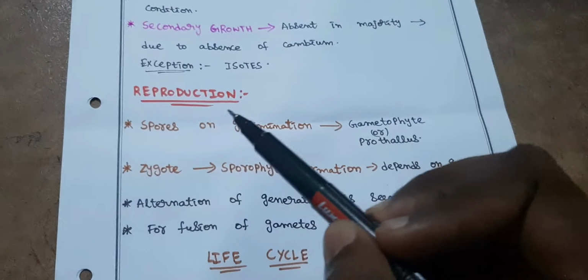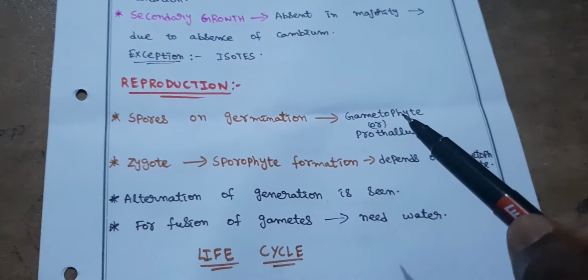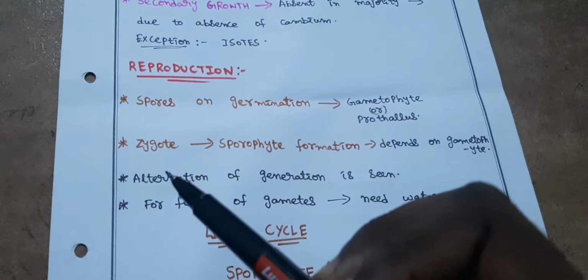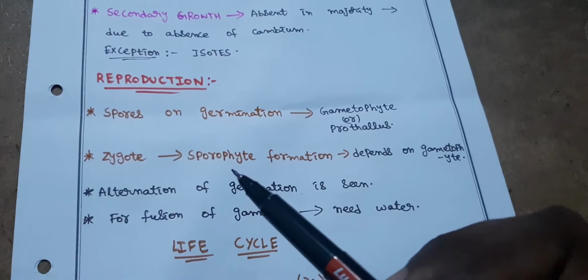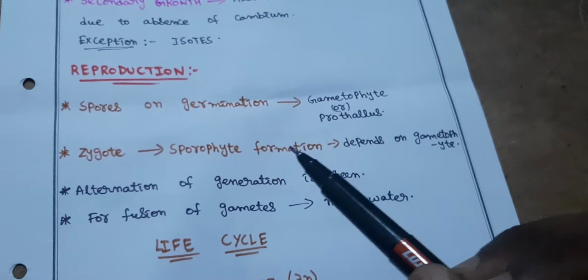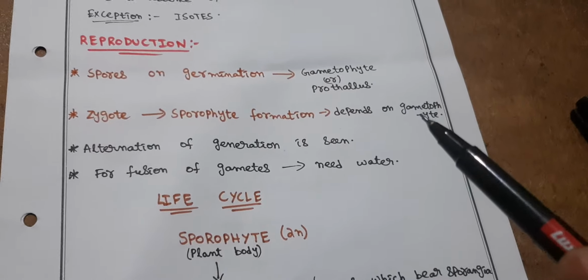Next, reproduction. Spores on germination give rise to gametophyte or prothallus. This is haploid. And zygote on development converts into embryo, and embryo gives rise to sporophyte. But this sporophyte formation depends on gametophyte. Why, sir? Why does it depend on gametophyte?